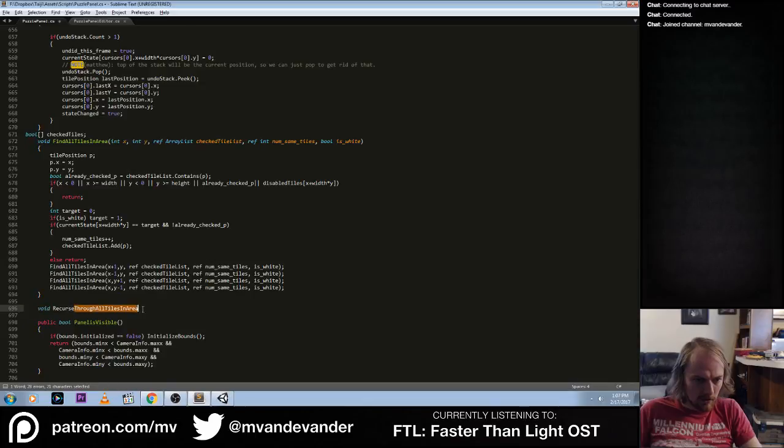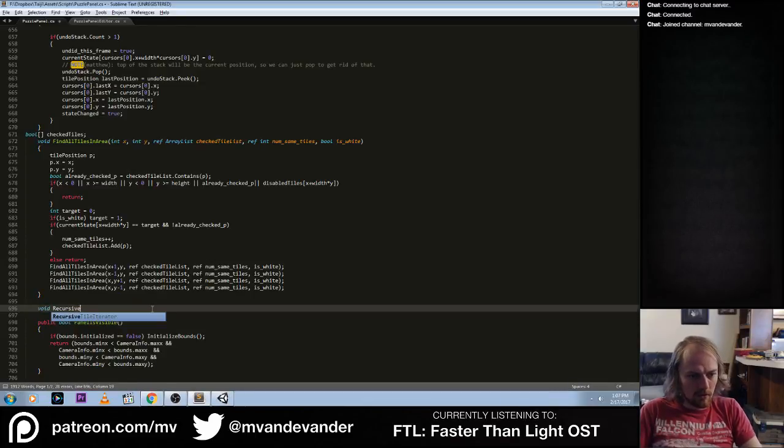Or well, we'll just go recursive find. I don't know. Area finder.